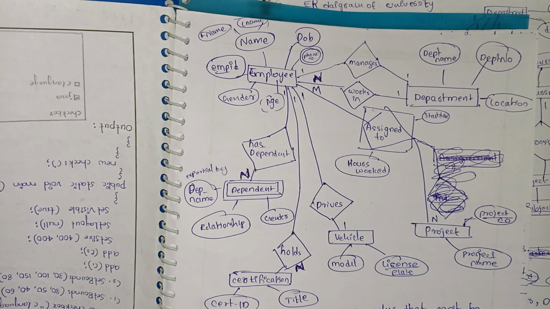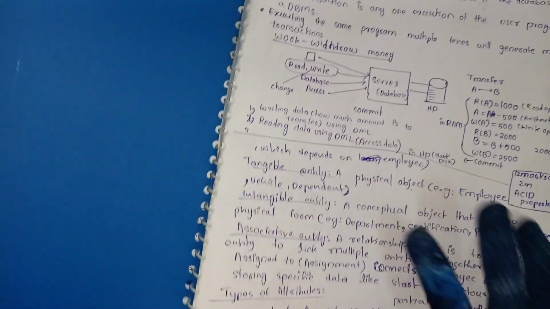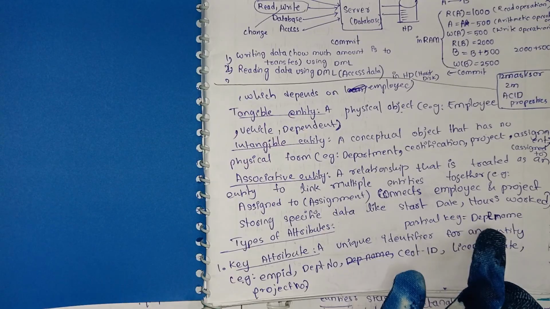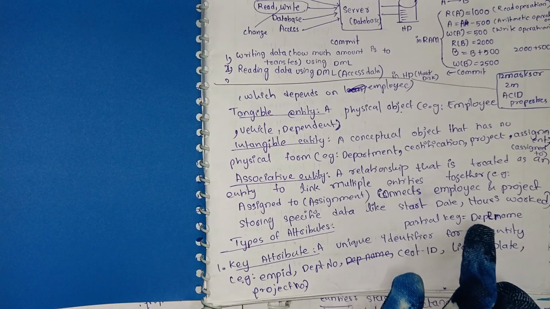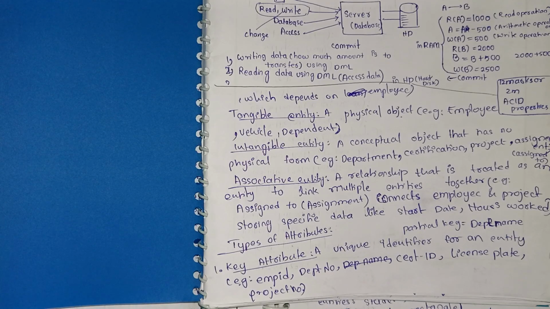And then we have types of attributes. Here the partial key in the dependent table is dependent name, okay.